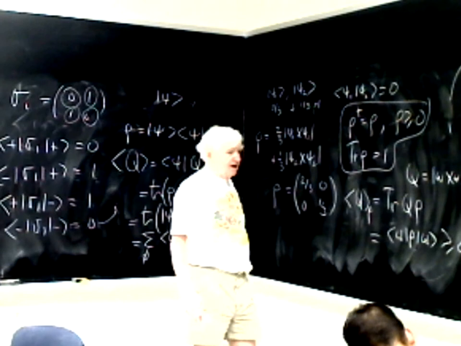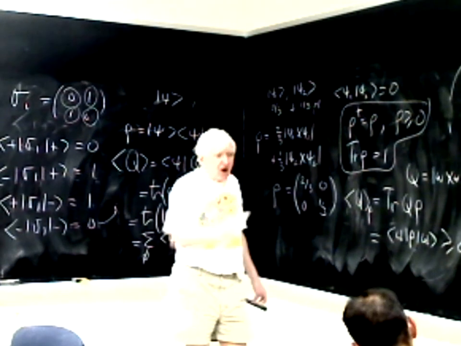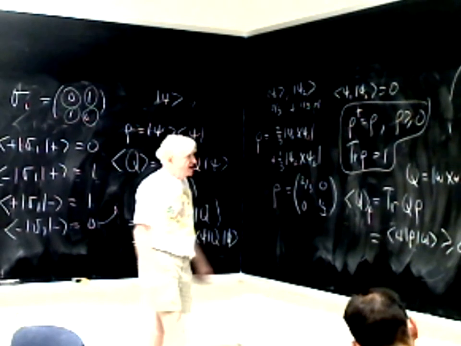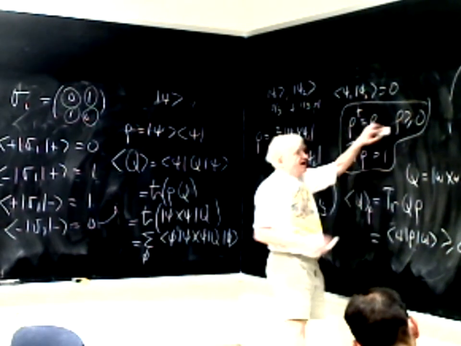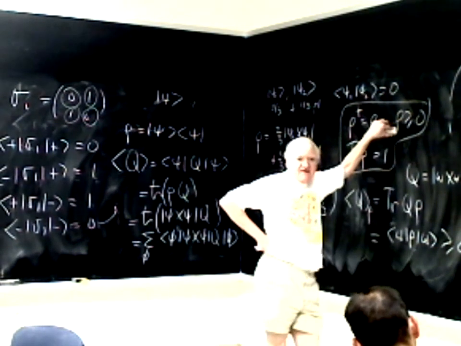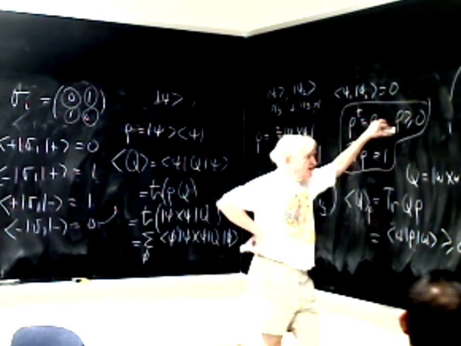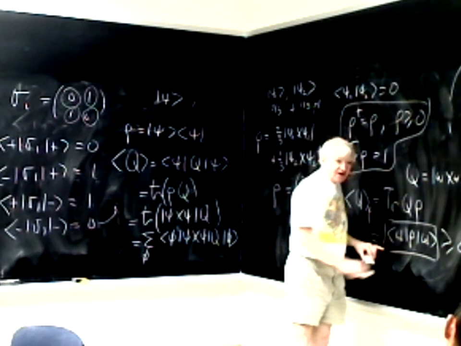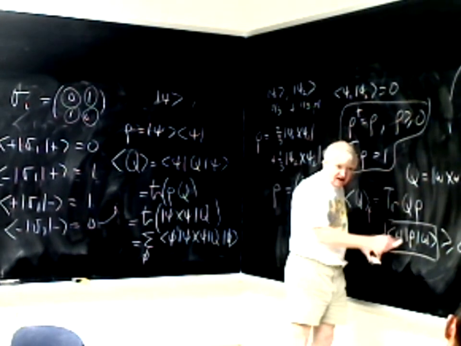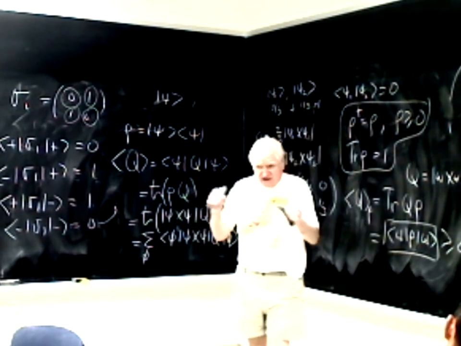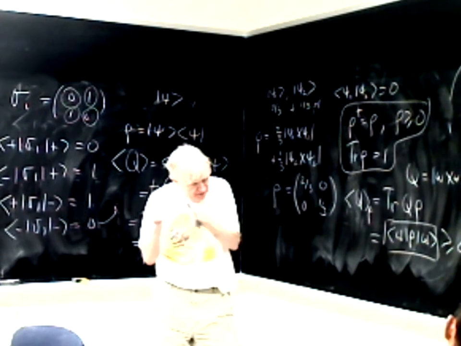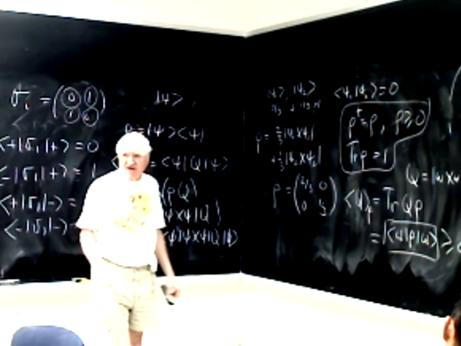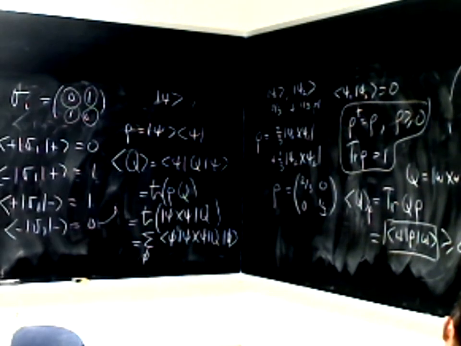You mean the components are non-negative? No. Excellent question, though. Absolutely excellent question. Because remember, an operator is non-negative if the diagonal matrix elements are non-negative in any state. That doesn't mean, though, that every element of the matrix is positive. And in fact, I can just show you something.